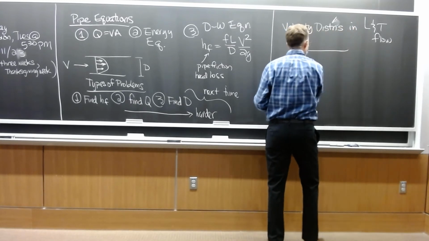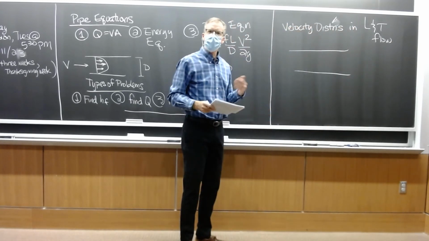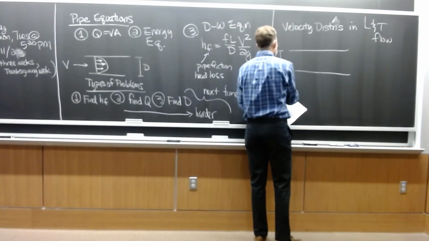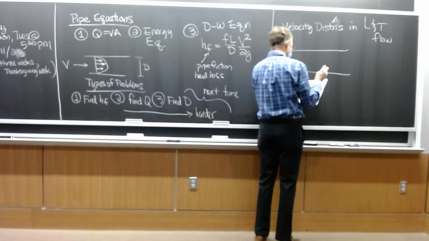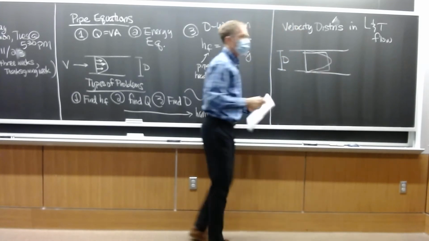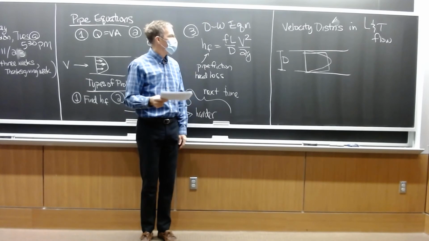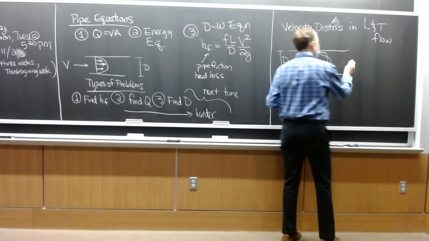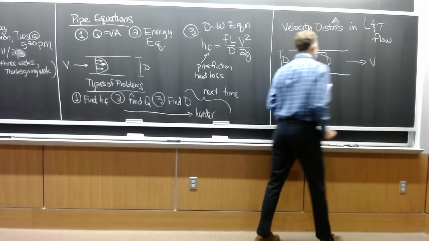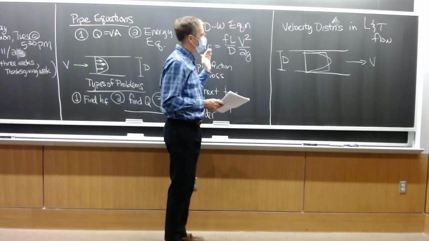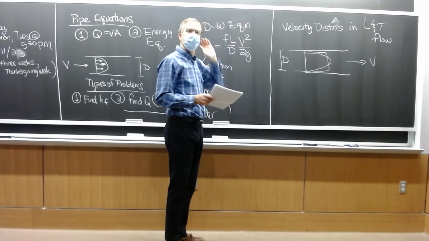We talked about the qualitative differences between laminar flow and turbulent flow, again in a pipe of diameter D. Trying to make two distributions that are nearly identical in the same average velocity, but different in the distribution of velocities from center to the wall.